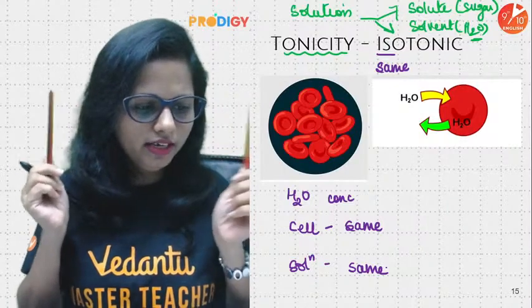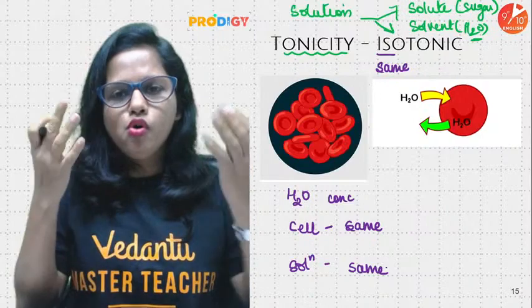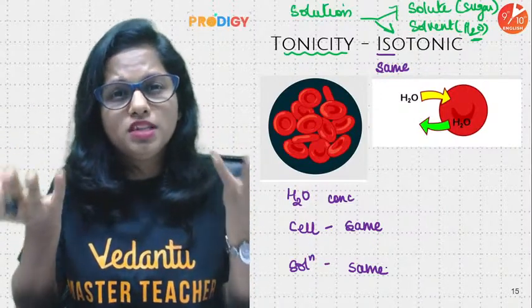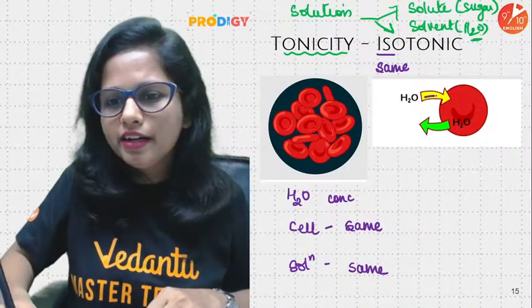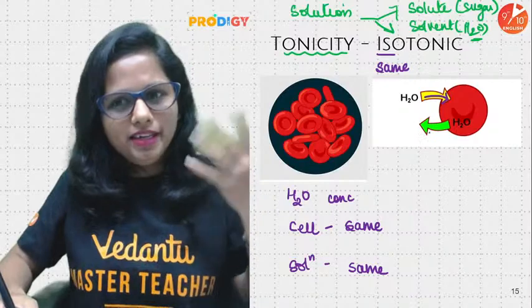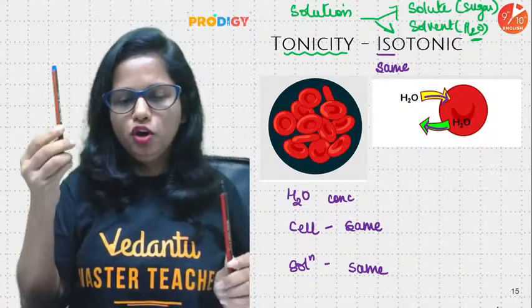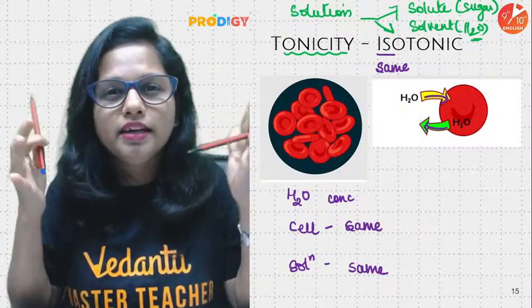No, right? So people, over here, in both the places, in the solution as well as in the cell, when there is absolutely the same concentration of water, the amount of water entering inside the cell will be equal to the amount of water leaving the cell. Like whether I write with your pen or you write with my pen, whether we exchange it or not, it will not make any difference.